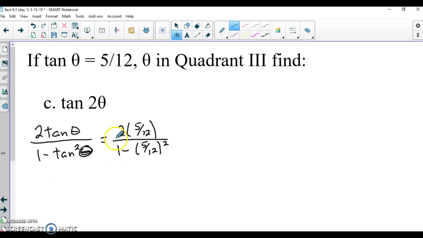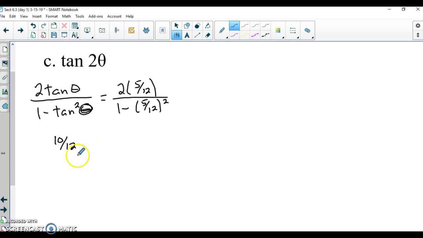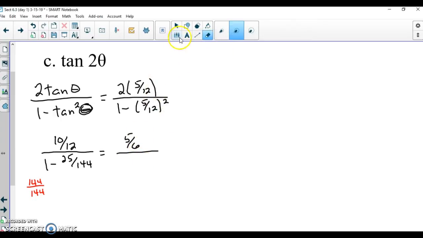5/12 squared. Well, 2 times 5 over 12 is 10 over 12. And we get 1 minus 25 over 144. Well, 10 over 12 is 5/6. You want to make the 144 over 144 minus 25, which will give you 119 over 144.